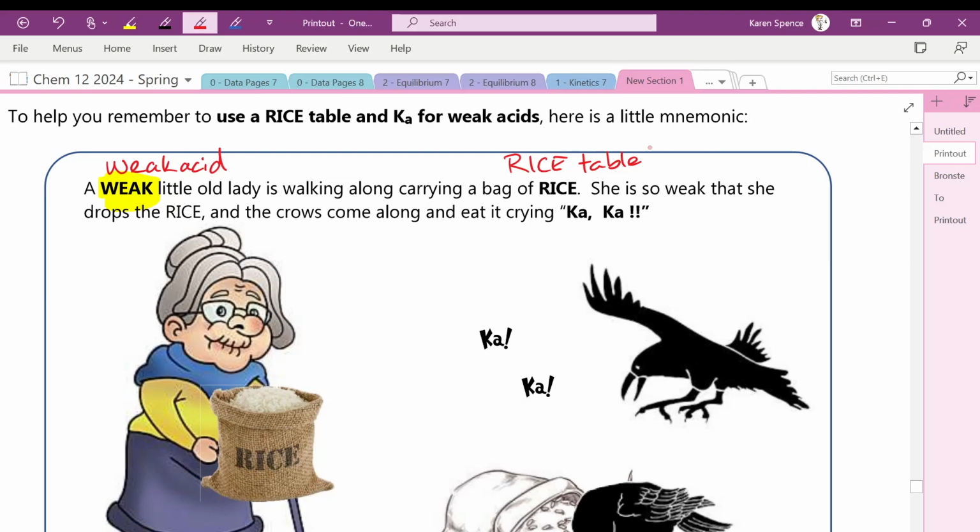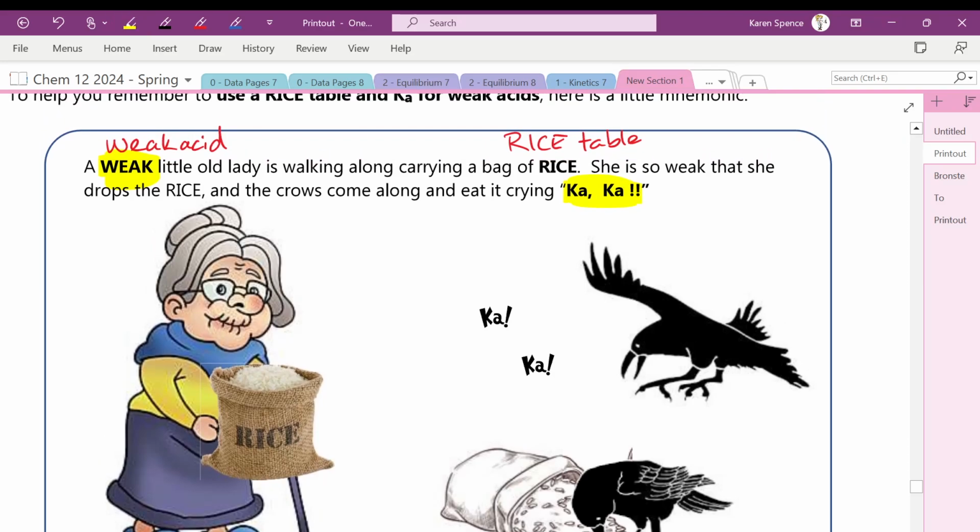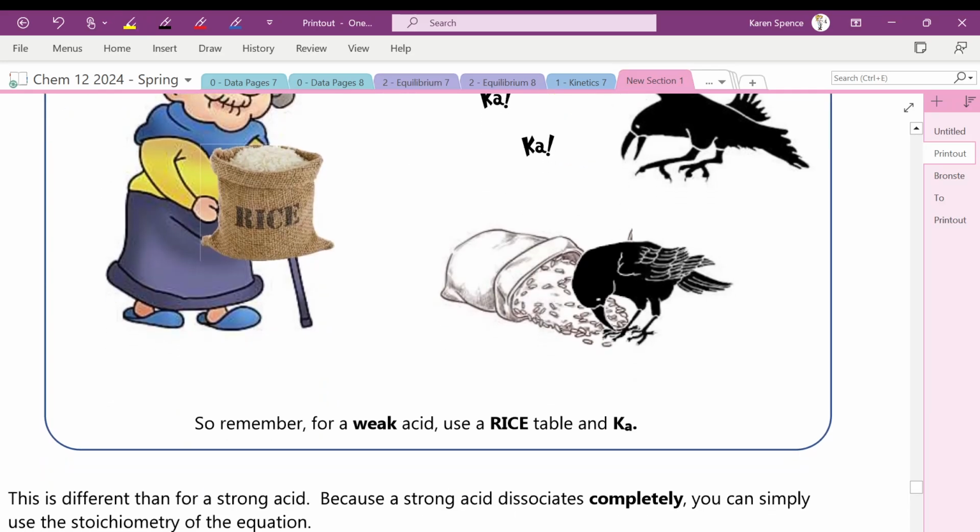She's so weak, poor little old lady, that she drops the rice and the crows come along and eat it. And what do they cry out while they're eating it? Caw, caw. Yes? Ka. Ka, caw. Okay. So hopefully that's going to remind you that when your acid is weak, you need to use a RICE table and Ka. All right, so remember, for a weak acid, use RICE table and Ka.